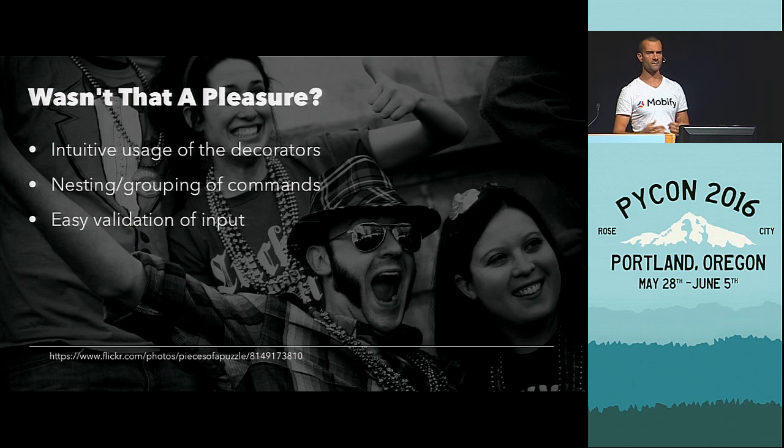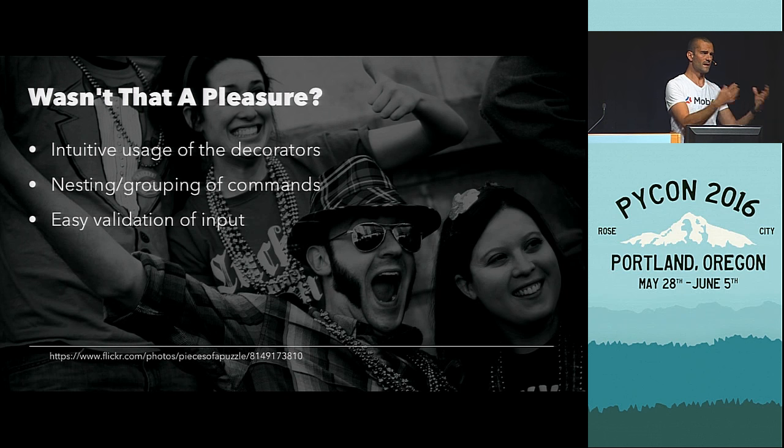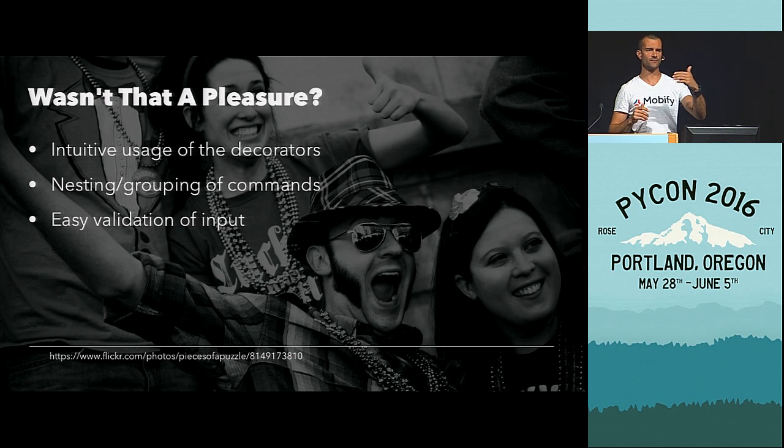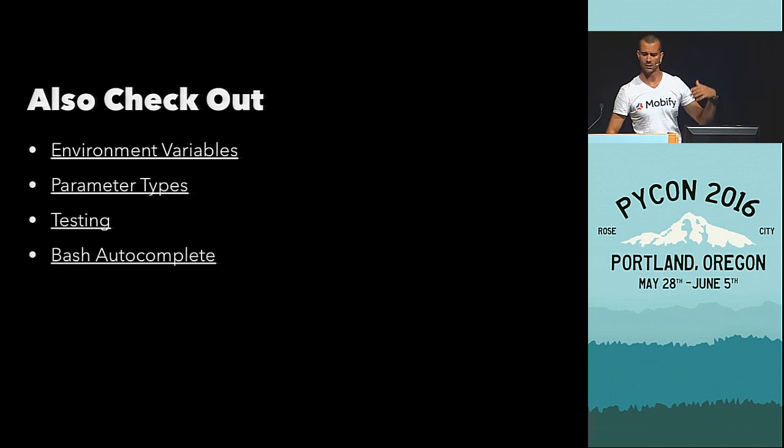And then there is easy validation of inputs in terms of making sure that options are getting validated, that flags are parsed in the right way. And there are also a couple of things on top of that, like parameter types that I didn't really have the time to go into, that allow more specific parsing of the types of an input.